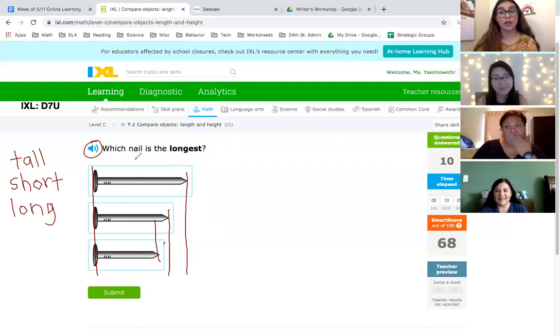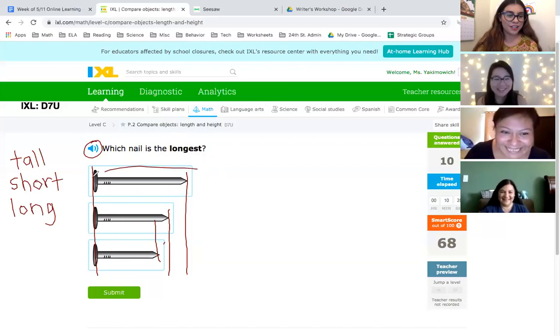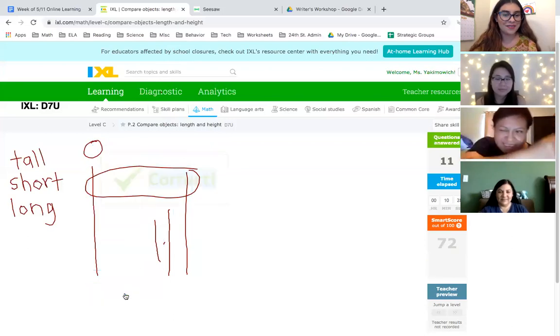Ooh, thank you for looking back at your question, because we really need to understand that because it might be telling us shortest or longest. So let's read it again. Which nail is the longest? Well, that one was easy. First one. There we go. So first one she chose, and let's make sure that I click on it correctly. Okay, there we go. Okay, and submit.